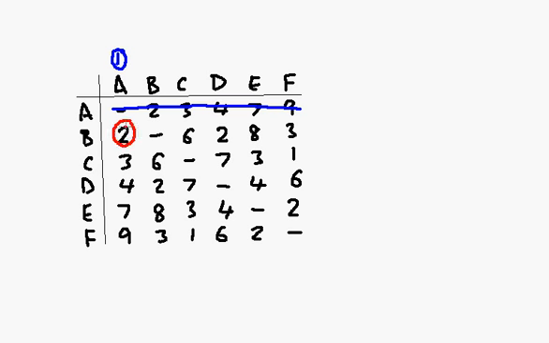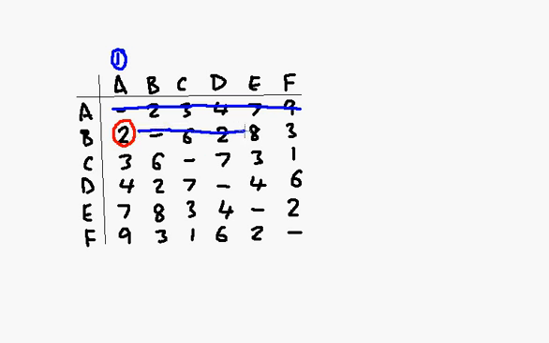Now this corresponds to looking at the vertex A and then choosing the edge with the least weight that's coming out of A. That's effectively what is going on. Now that I've chosen that 2, I delete the rest of the row.